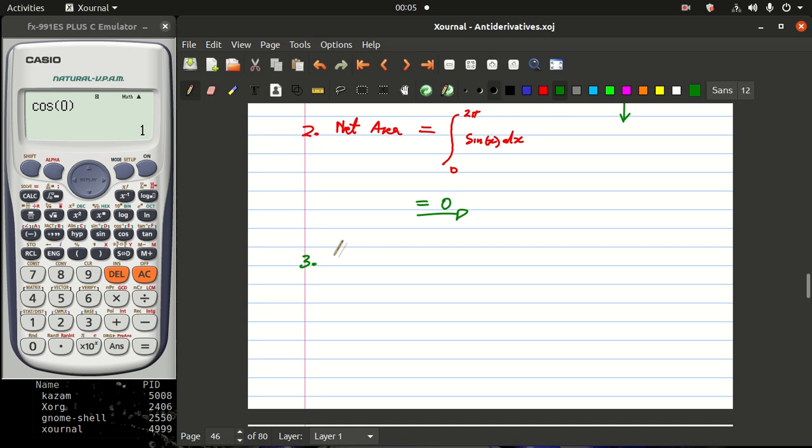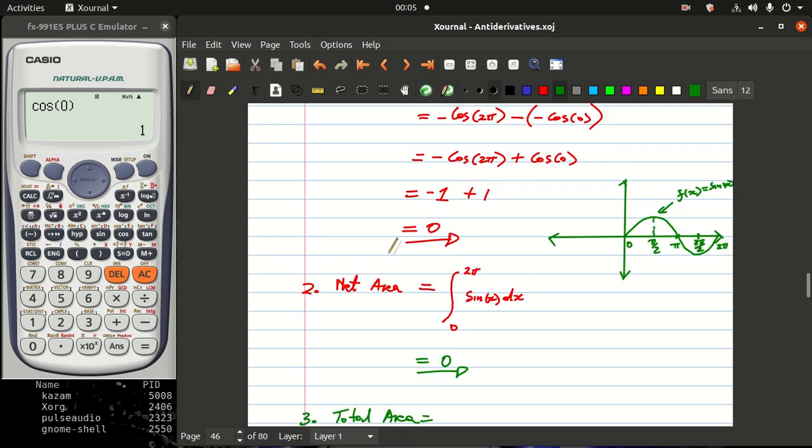Number 3, we wanted to find the total area. If you wanted to find the total area, if let's say you had a paint and you wanted to paint this part and that part, you cannot say that you need to buy 0 paint. You need to buy a paint that's going to shade this region and a paint that is going to shade that region.